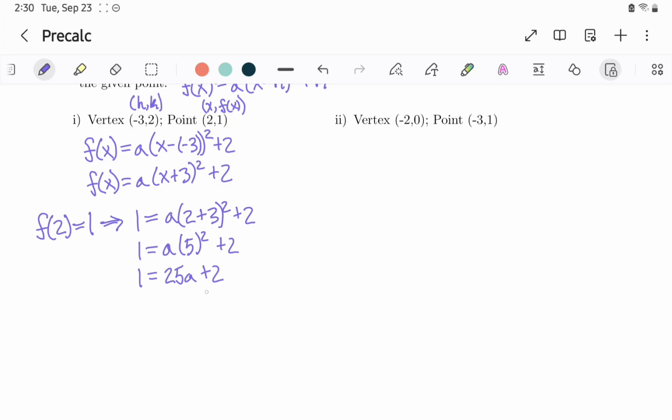Then we subtract 2 from both sides and get minus 1 equals 25a. And so a is equal to, after we divide both sides by 25, minus 1 over 25.